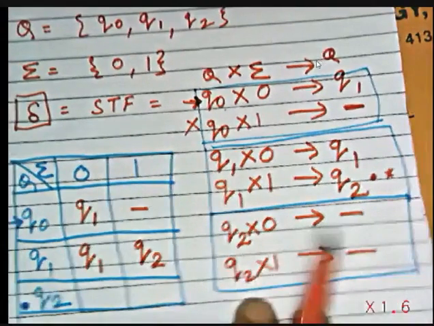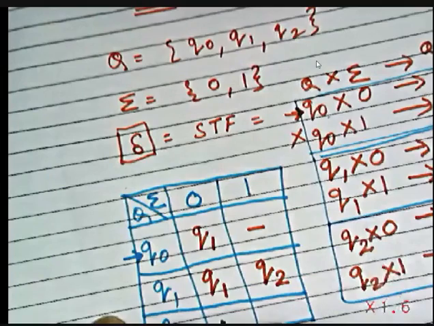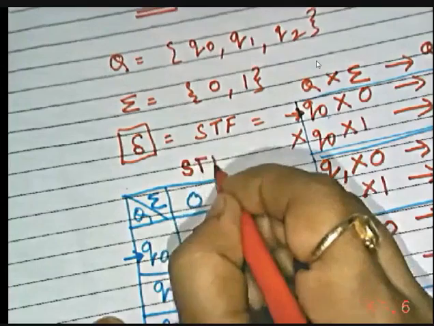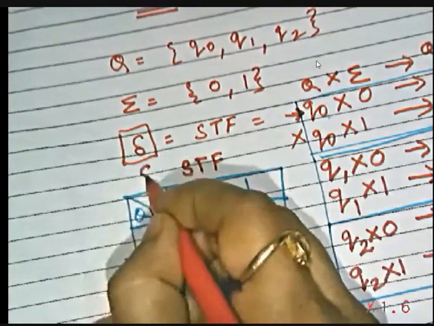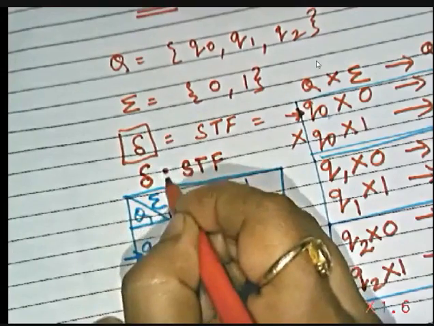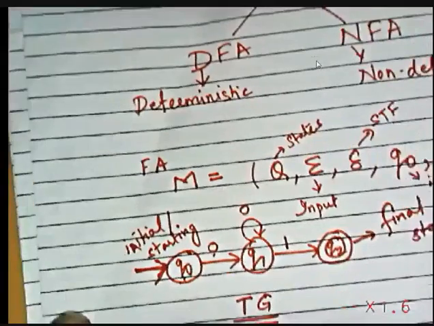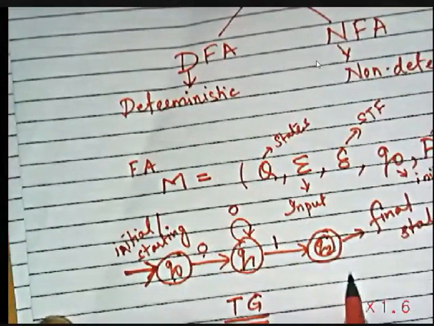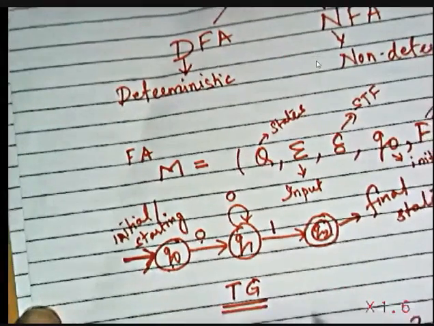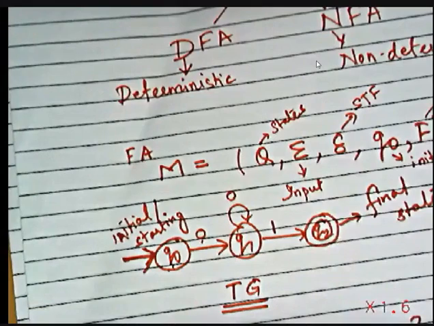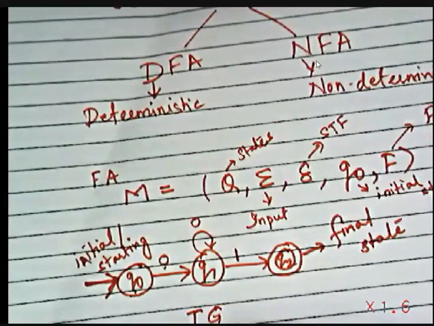So I will keep it like this only. So in short, this is my transition table, or my delta function, for the given finite automata. This was my given finite automata, and for that, can I now say that I have defined the first value, that is Q?